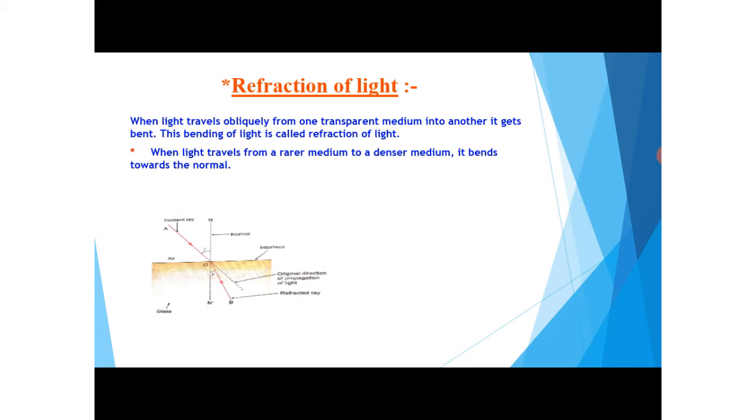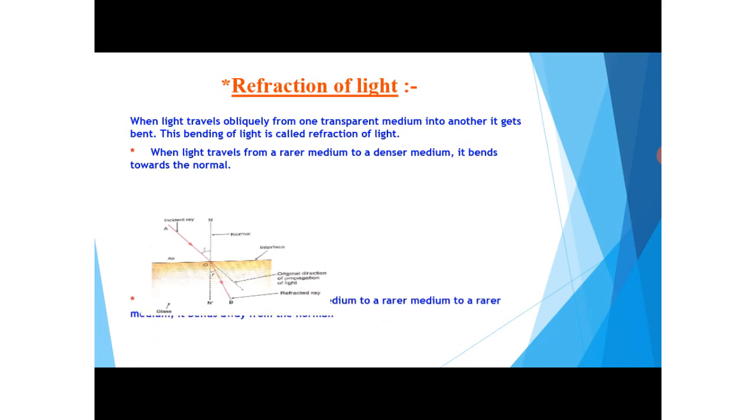The incident ray AO at point O, after refraction, bends. You can see from the dotted line that this is the original direction of the incident light, but the red ray shows the actual path, and this is the refracted light. You can see from the figure that the light is bent from its original path, and the bending is towards the normal NN'. So this is the case when light bends going from the rarer to the denser medium.